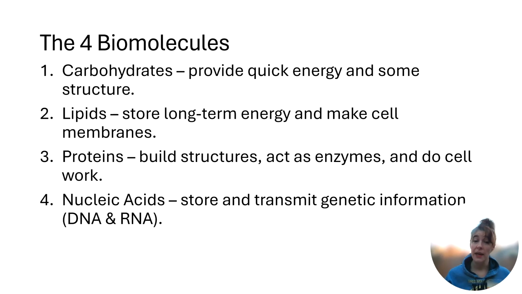They provide quick energy and some structure. For that structure, really think about cellulose. That's going to be one of the big structural carbohydrates. Most of the other times when we're talking about carbohydrates, we're going to be talking about that energy. Lipids store long-term energy and make cell membranes. So we already saw how important those cell membranes are.